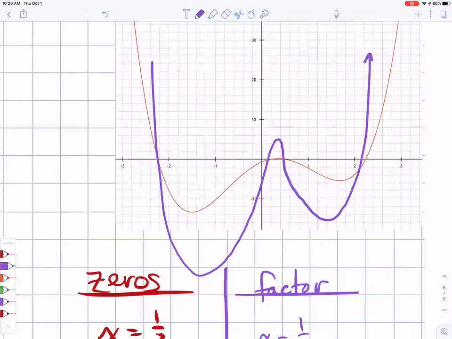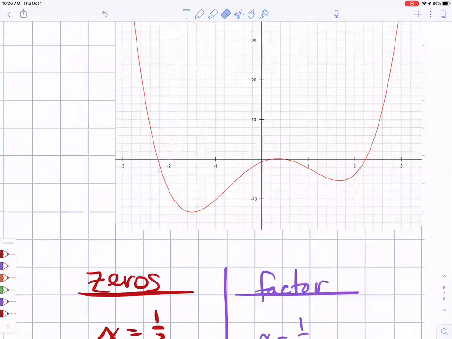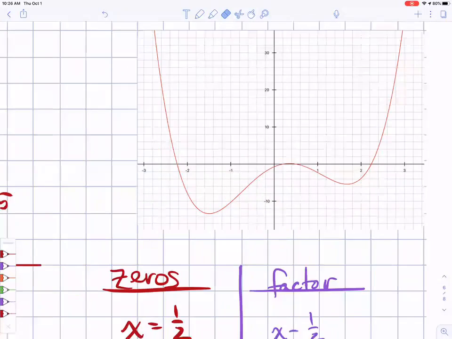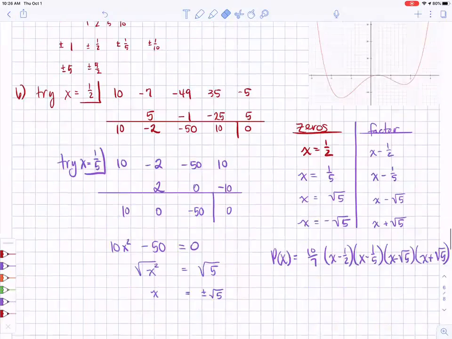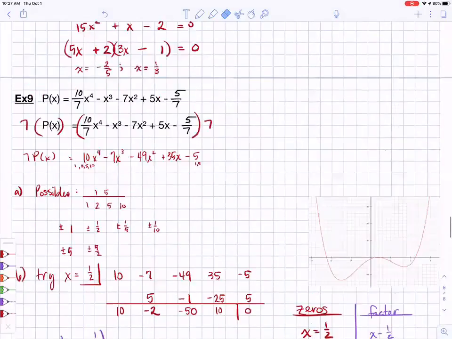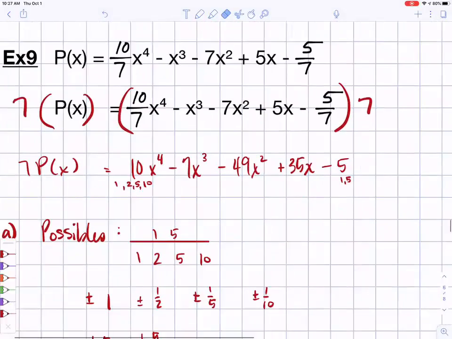But you get the idea. That might be what it looks like where it's stretched, but my 4 zeros are still all in the same place. So that's why I'm allowed to do that. Good question. And you can even try it yourself. What you could do on your own time, not right this minute, is graph both polynomials on the same screen, in the same window. You'll see that they have the same 4 zeros.